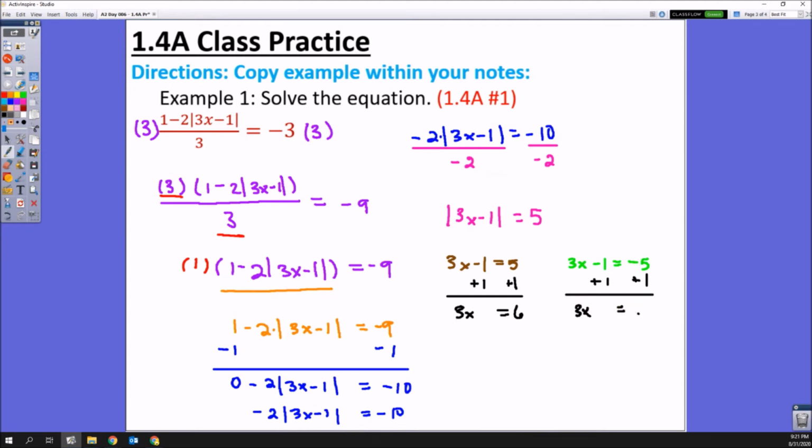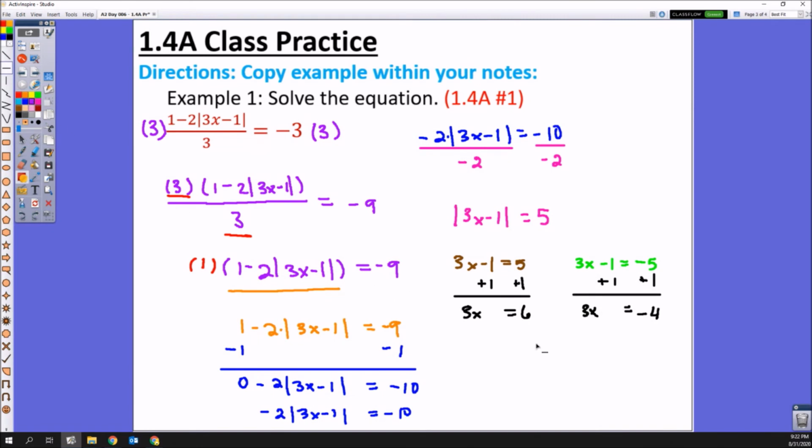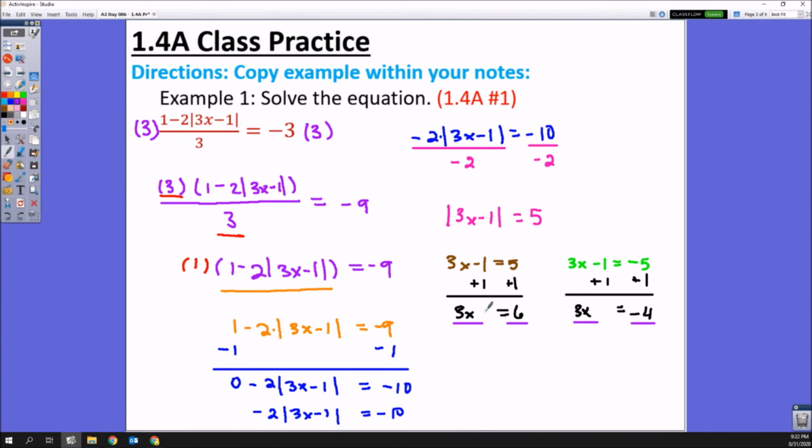Next, I'm going to start solving. So I'm going to divide by the number in front of the x. The coefficient in front of the x is 3, so I'm going to divide both sides by 3.